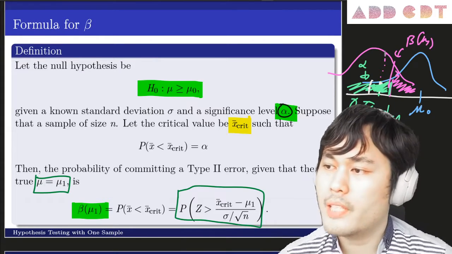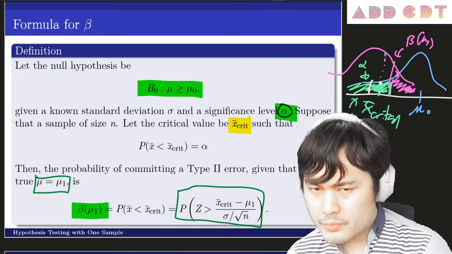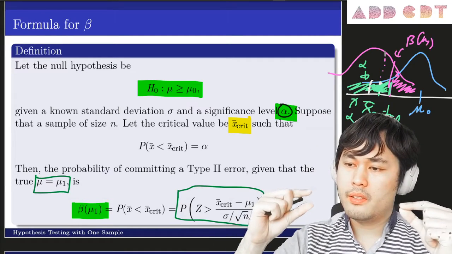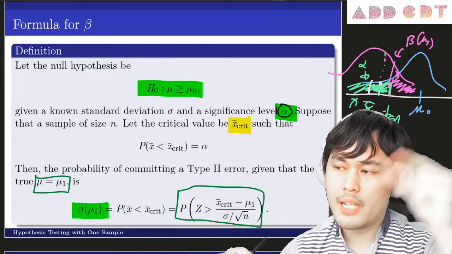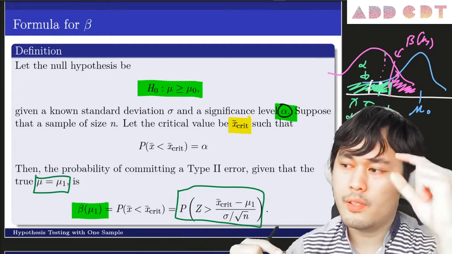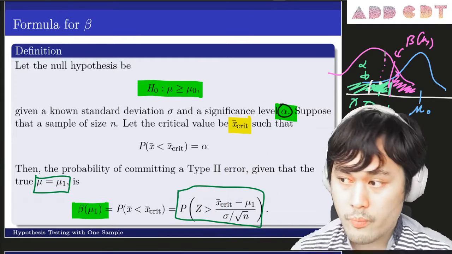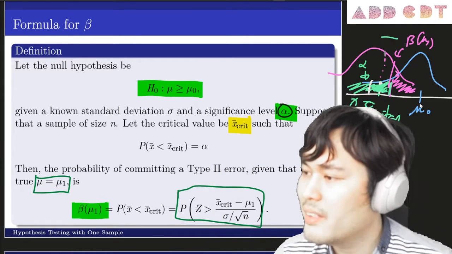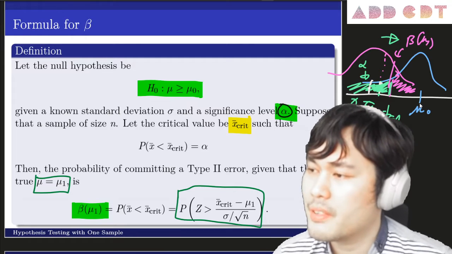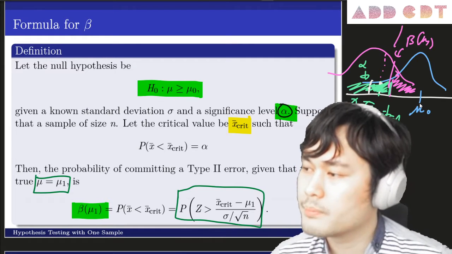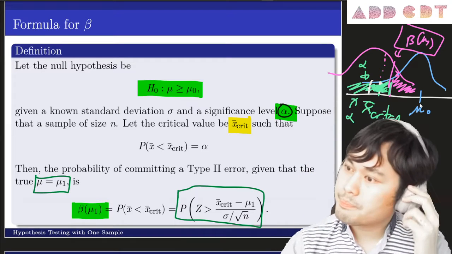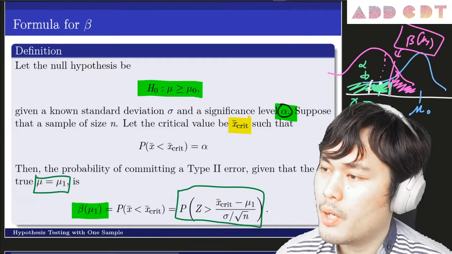So that agrees with our intuition on how these two areas are correlated. If alpha gets larger, beta gets smaller. If alpha gets smaller, beta gets larger. And that's why I think the concept of beta is kind of difficult to understand. Alpha is straightforward.